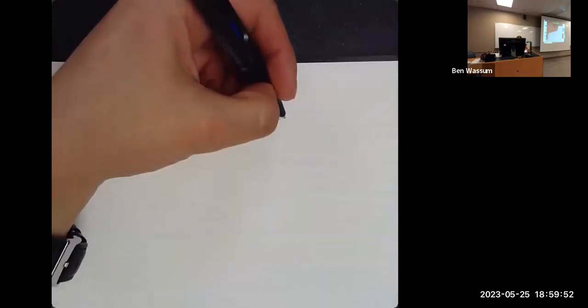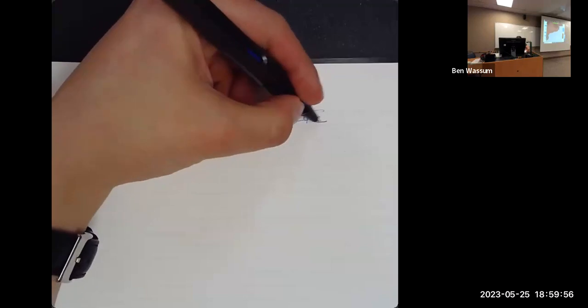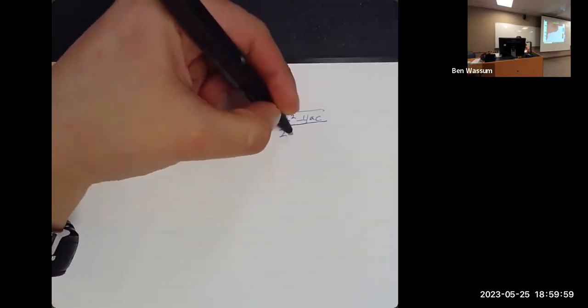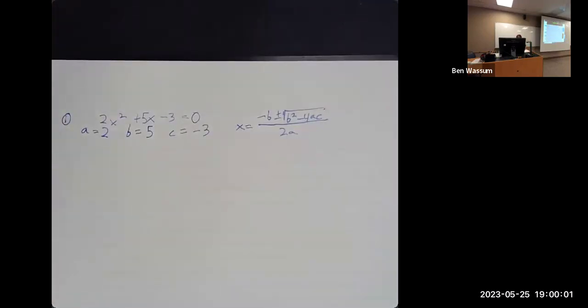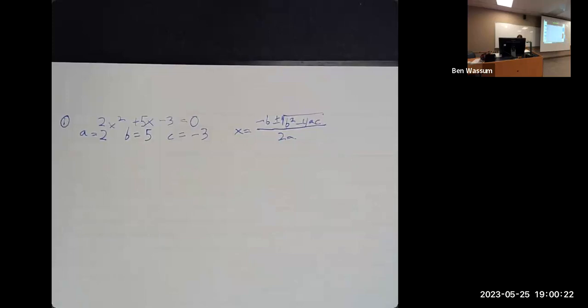The formula is going to be given by negative b plus or minus the square root of b squared minus 4ac, all over 2a.